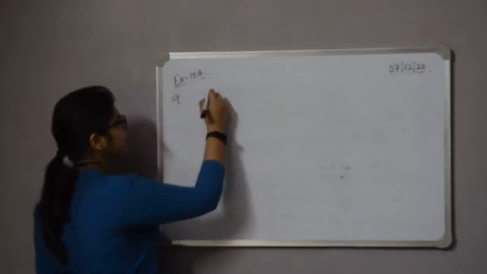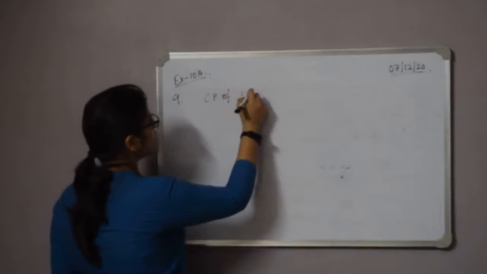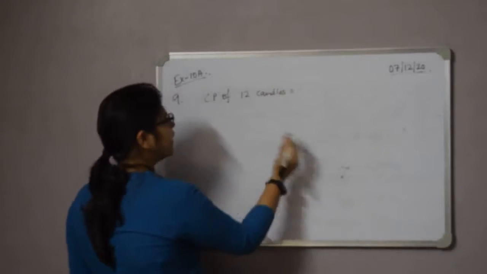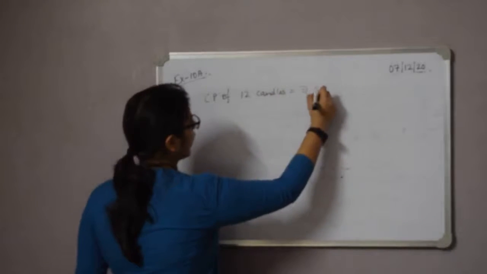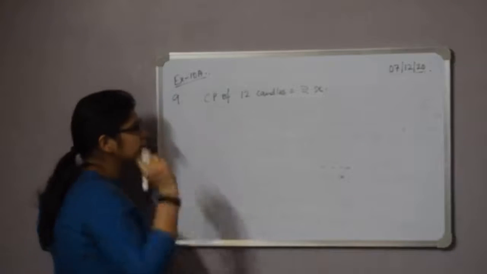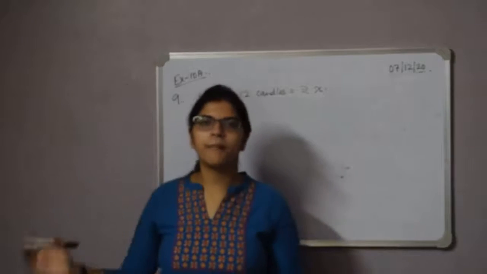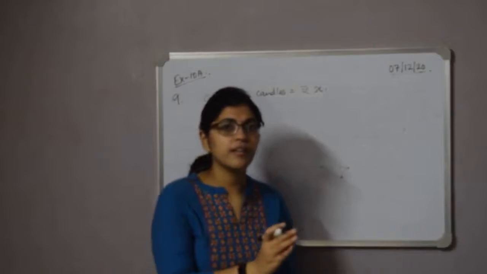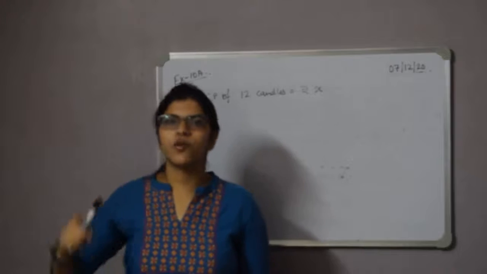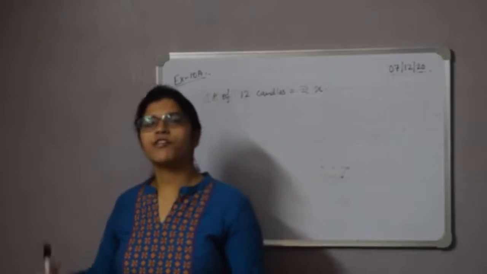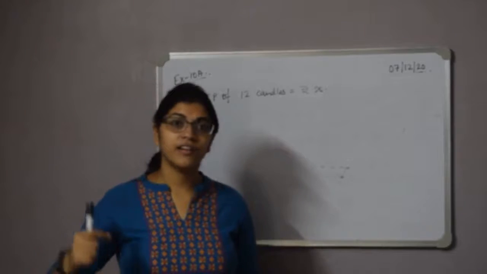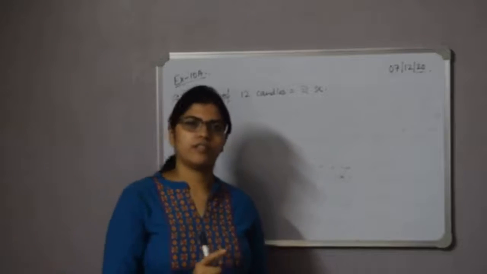So we can write CP of 12 candles is how much? Let us consider it at rupees X. Okay. So now always remember, whenever you are trying to compare the cost price and selling price, you have to bring both of them in one. So you have to find out the cost price of one candle and the selling price of one candle. Only then you can understand whether it is a gain or it is a loss, right?